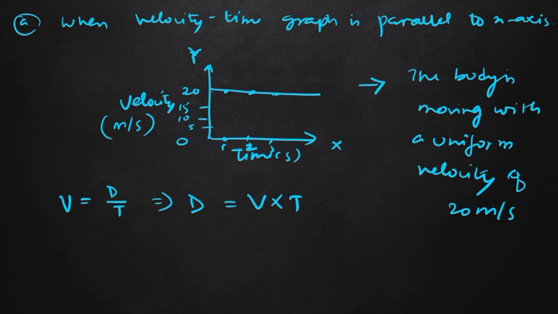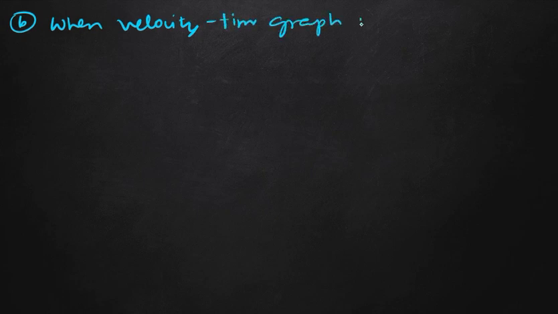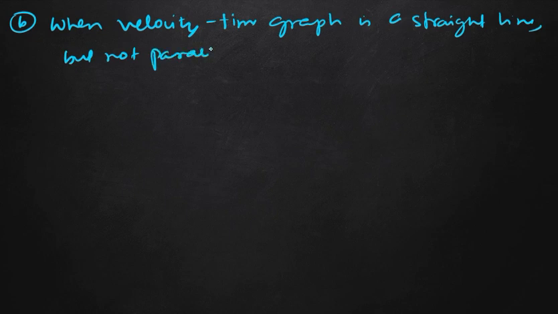Similarly the case B: when the velocity time graph is a straight line but not parallel to the x-axis. All the cases will be the same as we have discussed for the displacement time graph, but the results will be different.